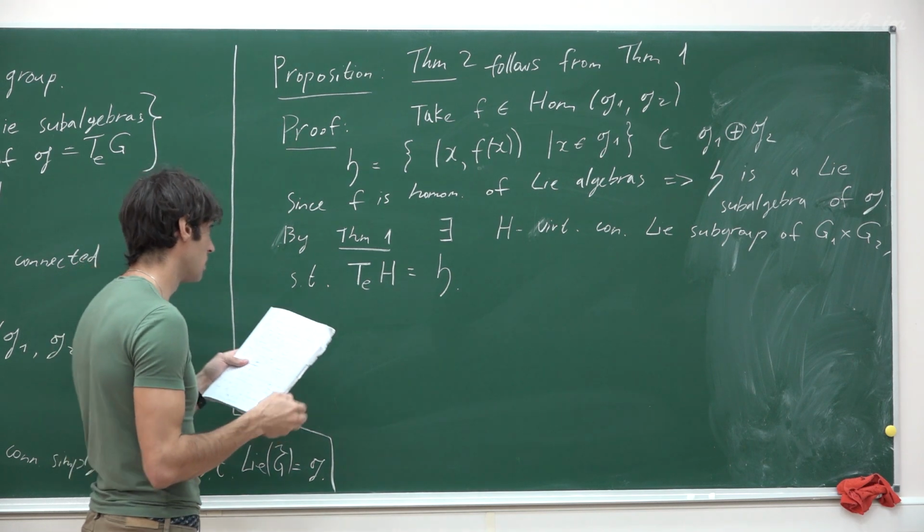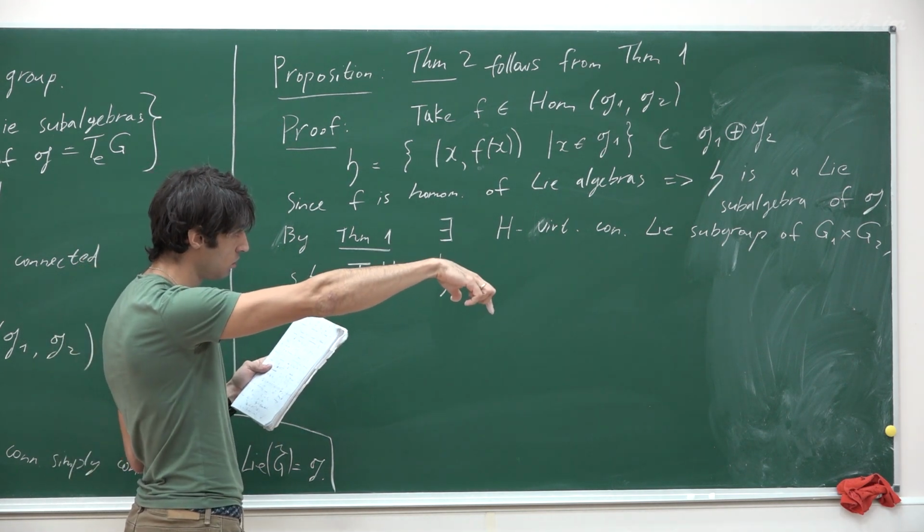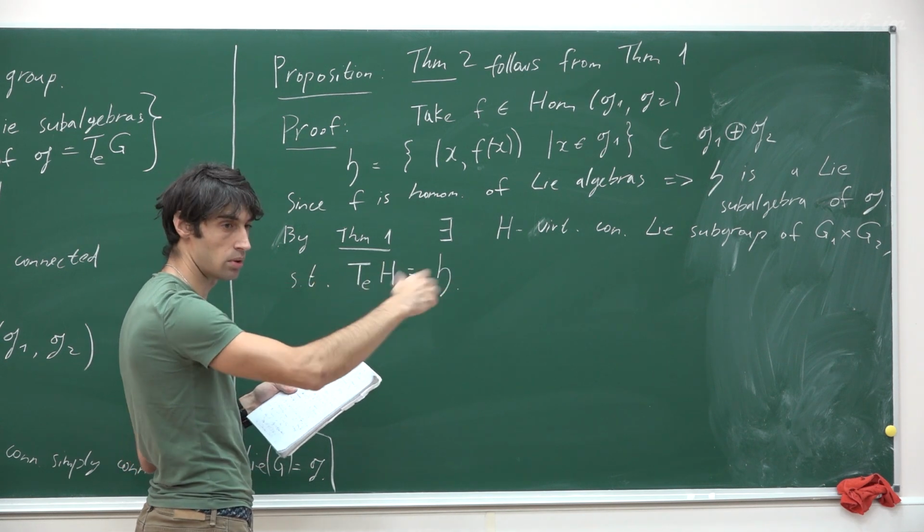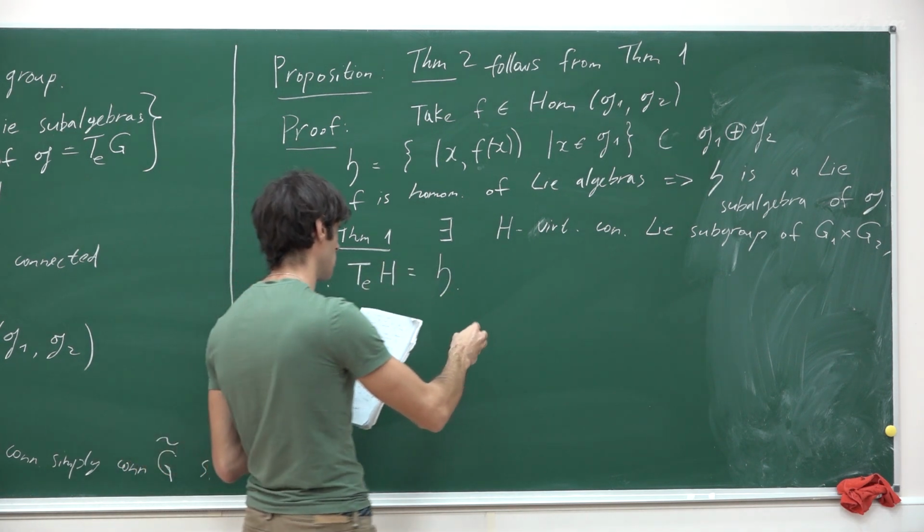Very well. So I have G1 times G2, and I can consider projections to the first component and to the second component.